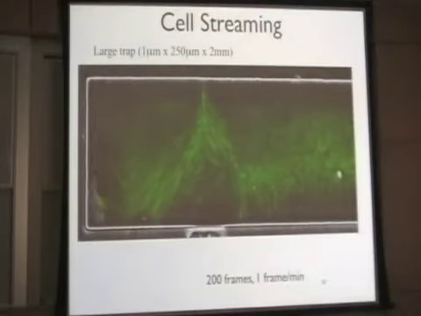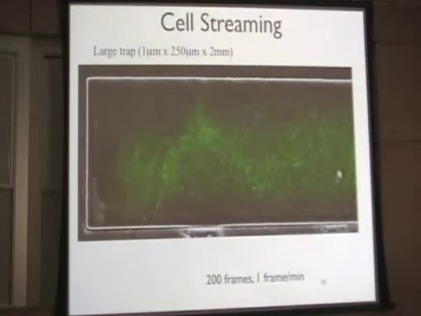This is another type of experiment with a very large trap, narrow, 1 micron, but about 250 microns across, much bigger than the other one, and very long. It's only a small piece of that. The flow is, I think, in this direction surrounding this trap, and you can see this very well-defined stream.